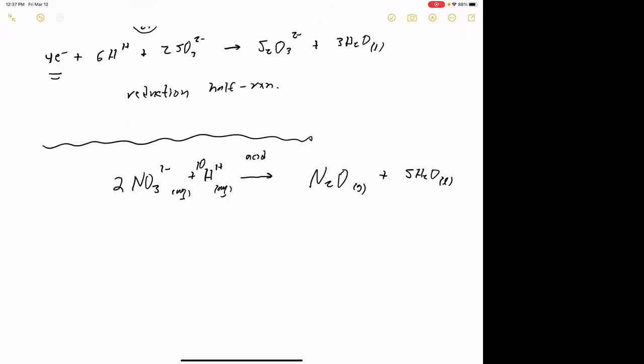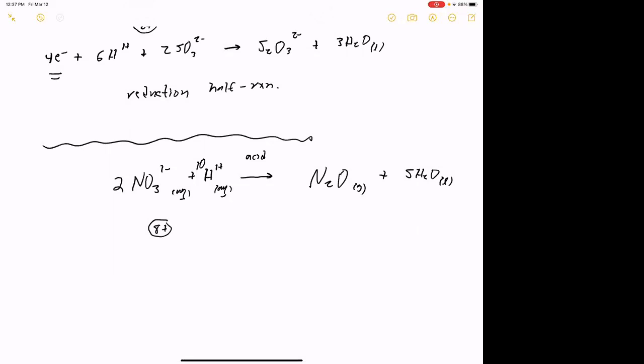What do you guys think? 8 plus. Yeah, that's exactly what I would say. Everybody see that? I think we got 8 plus over there. I would agree with that. 2 units of negative charge from the nitrate, 10 units of positive charge from the hydrogen ion. So 10 plus and a 2 minus is an 8 plus.